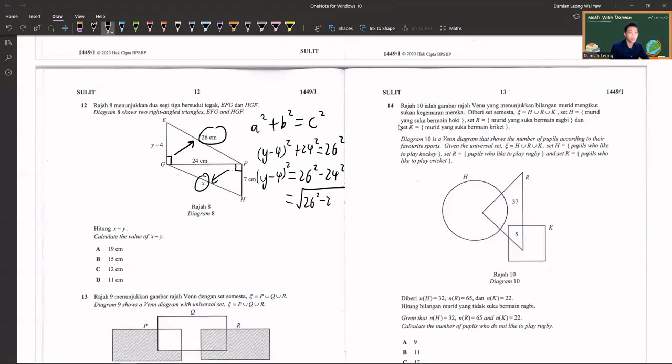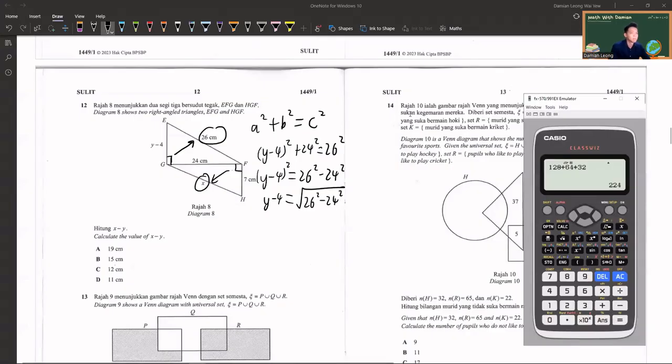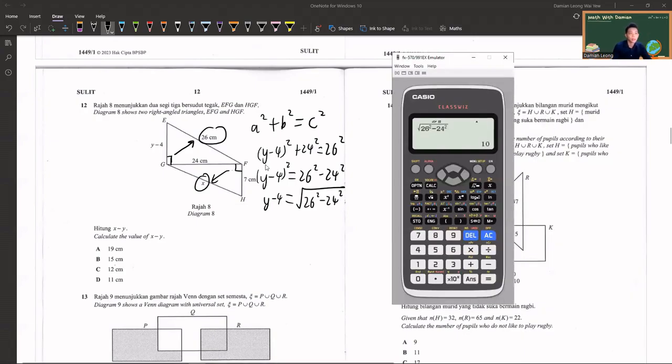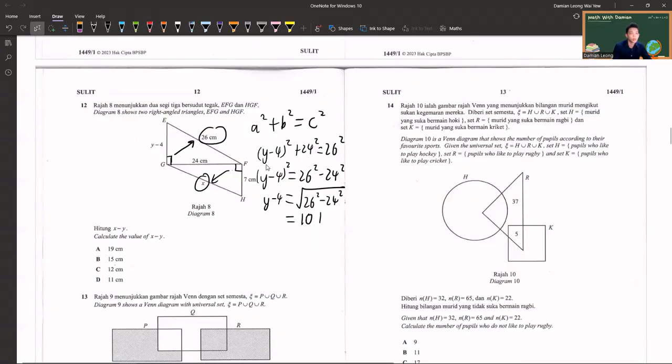When I square, it doesn't make sense that y minus 4 is a negative number, because it's a distance. So square root of 26 square minus 24 square, I get 10. So y minus 4 is 10, minus 4 bring over plus 4, y is 14.